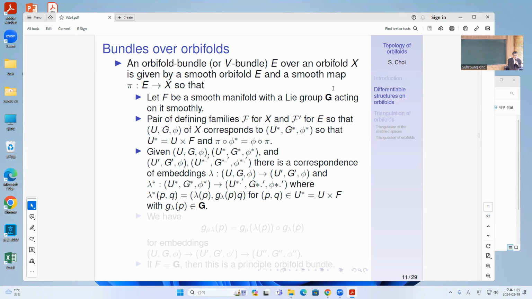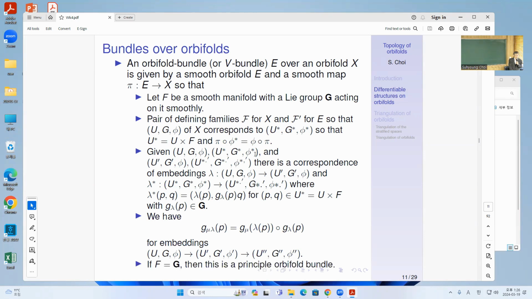So the group G is acting. So this G and this G are of course different G's here. And so suppose we have this property for these three embeddings. So if you have one embedding and then going to another embedding, so if you have two embeddings, then you can also have this property.